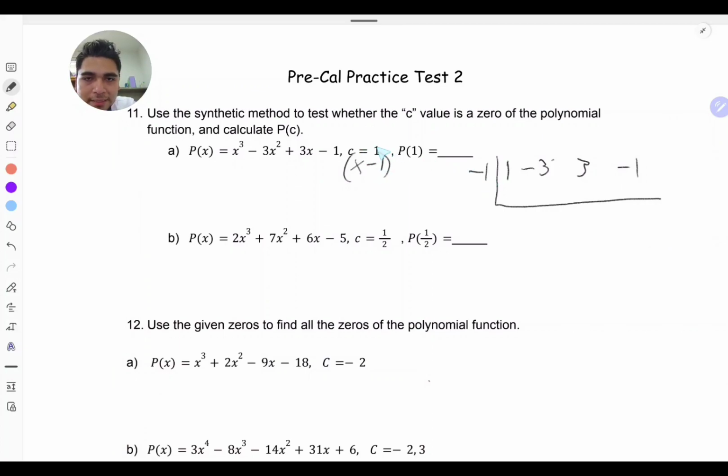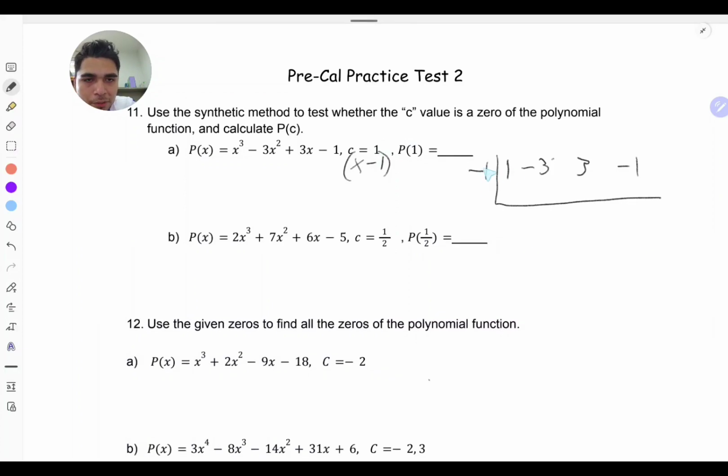Remember, you see that this c is equal to 1? Don't put 1 here. C is equal to 1 is expressed as x minus 1 is equal to negative 1, right? So this is our coefficient here. So that means we're left with 1. 1 times negative 1, of course, is negative 1.